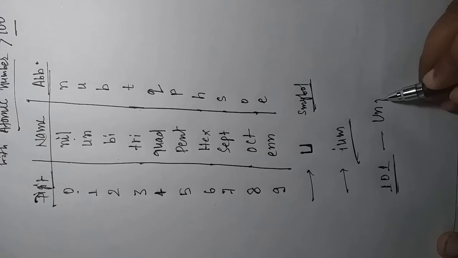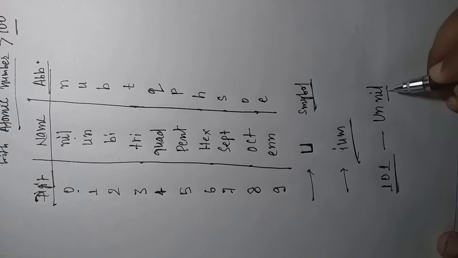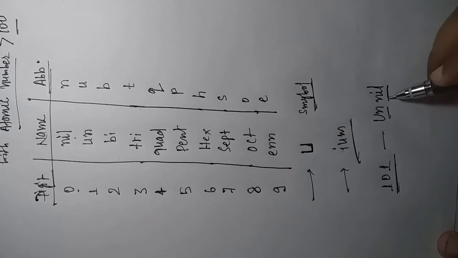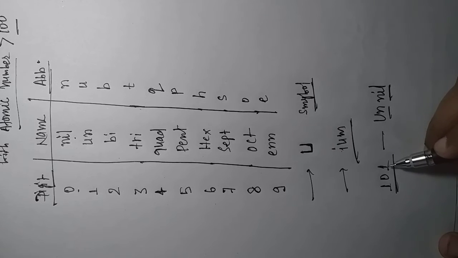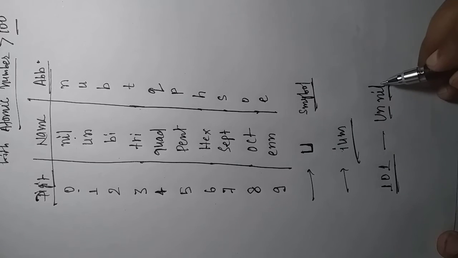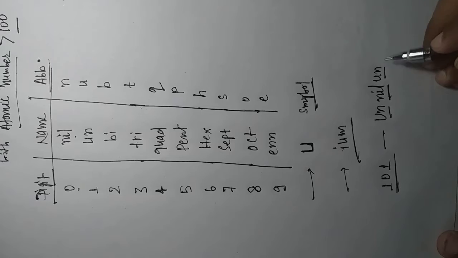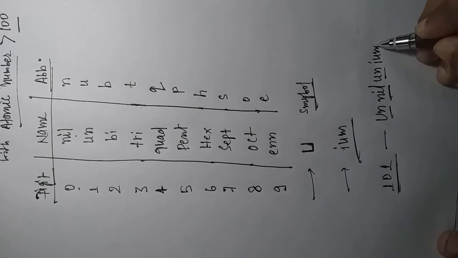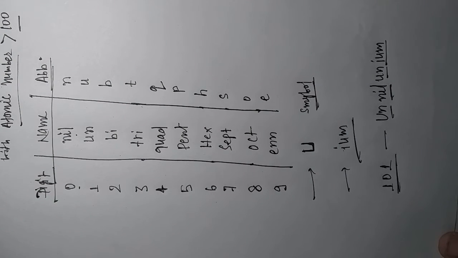0 stands for nil. I'm just highlighting the portion: this is for the first number, this is for the second number. Next is again 1, so again un, and at the end you substitute the suffix ium. So un, nil, un, ium.